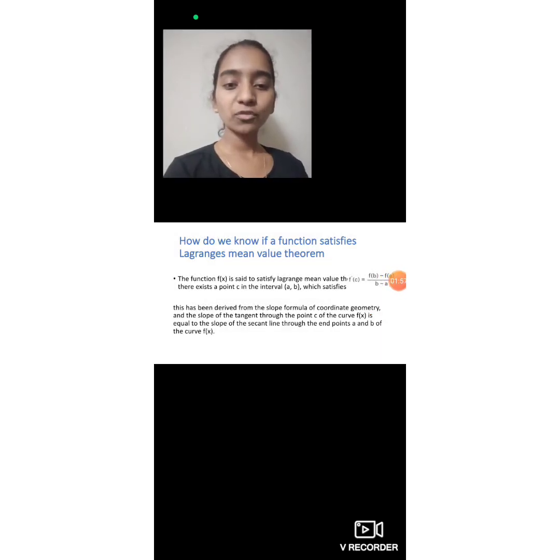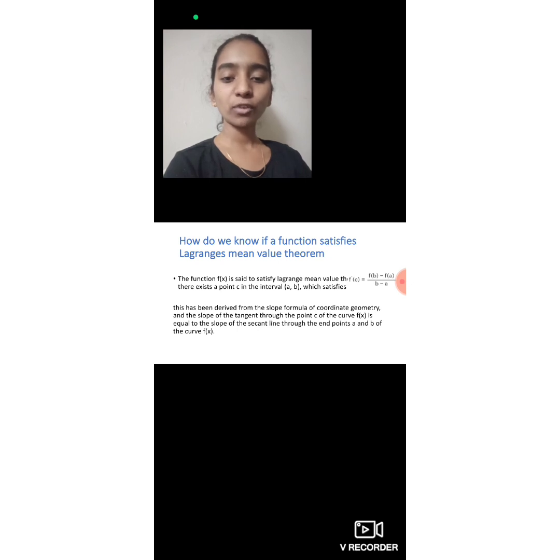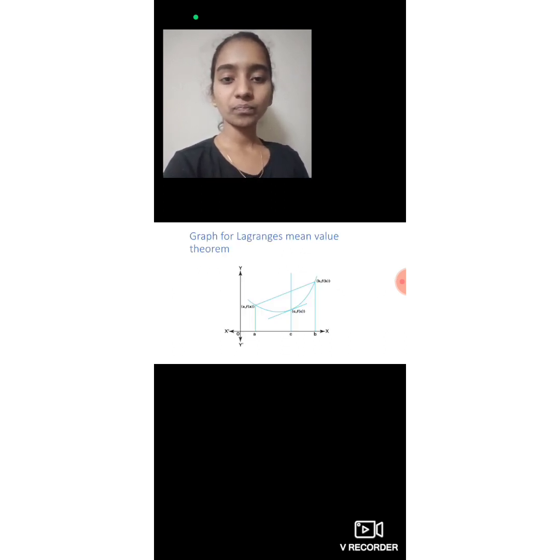This has been derived from the slope formula of coordinate geometry: the slope of the tangent through the point c of the curve f(x) is equal to the slope of the secant line through the endpoints a and b of the curve f(x).